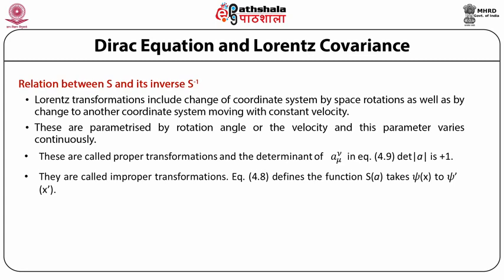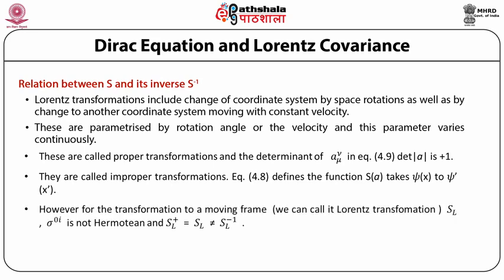Equation 4.8 defines the function S which takes psi x to psi prime x prime. It is given by equation 4.18. For rotations, sigma ij in S_R, where R refers to the rotation, are Hermitian, and S_R dagger is equal to S_R inverse.